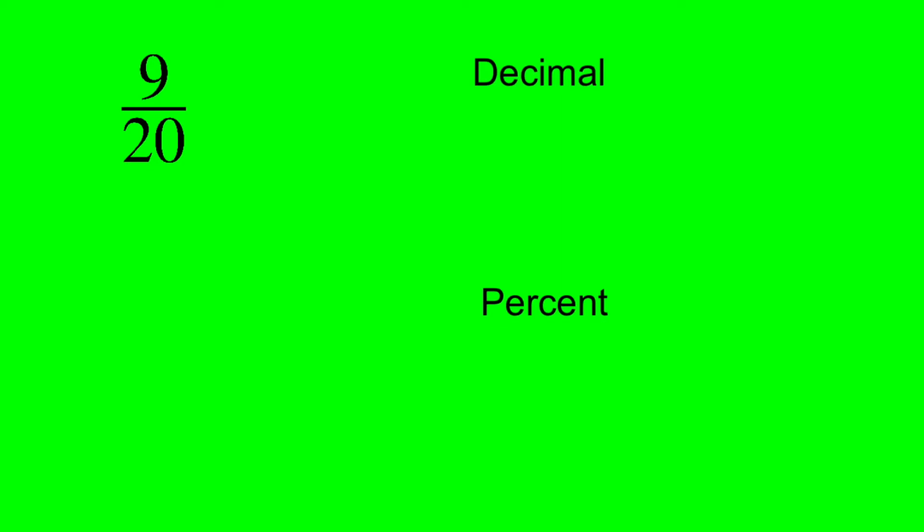Okay, we did another one out of 20. I won't do that one, but we also looked at out of 25. Now, to make the decimal, we have to have a fraction of 10, 100, 1,000. We can make this out of 100. To go from 25 to 100, we multiply by 4.